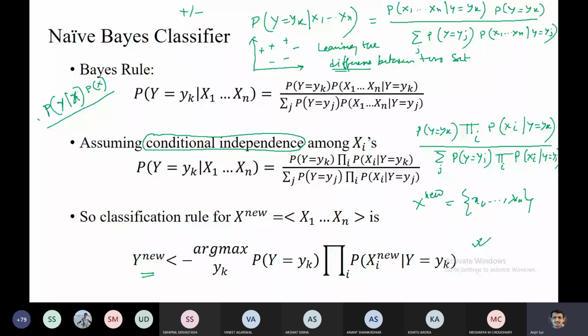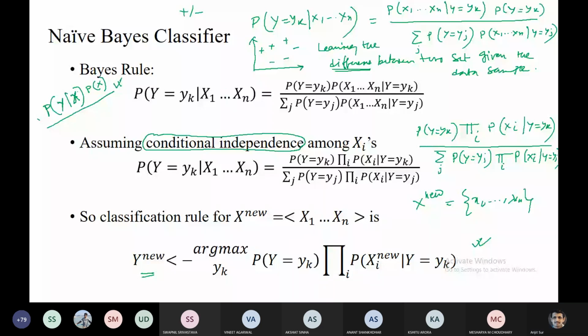We are learning how to discriminate between two sets given the data sample. Given the samples, which belong to y equal to y1 and which belong to y equal to y2, if it is apple and non-apple, or plus or minus, that's why it is discriminative in nature.